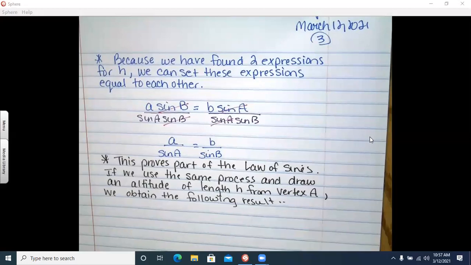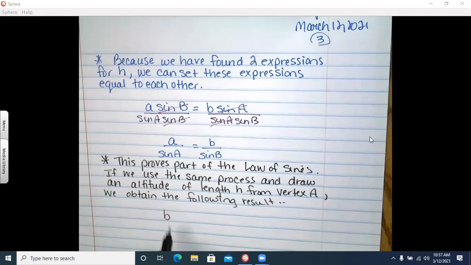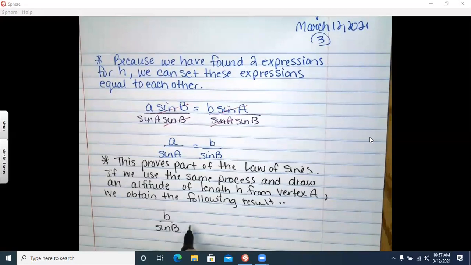If we did the same triangle, but drew an altitude from angle A to side A and did that same process all over again, then we would come up with b divided by sine of B equals c divided by sine of C, which is the other part of the law of sines.